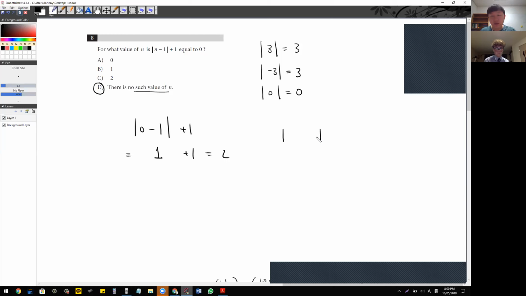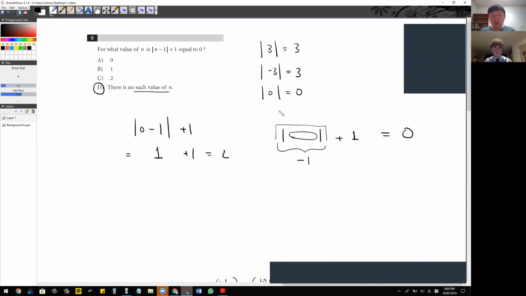If you have an absolute value of whatever plus 1, this value here needs to be -1 in order for this to be 0. That's what it's asking, isn't it? But can this absolute value thing be negative at all? No, it can never be negative. There's no way this absolute sign can be negative, so that's why there is no answer.